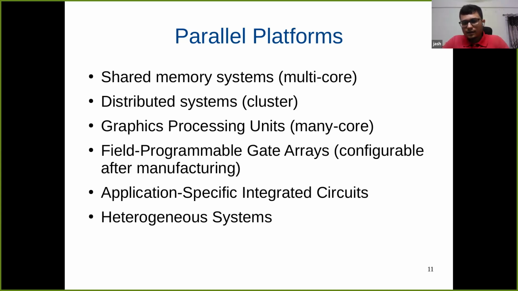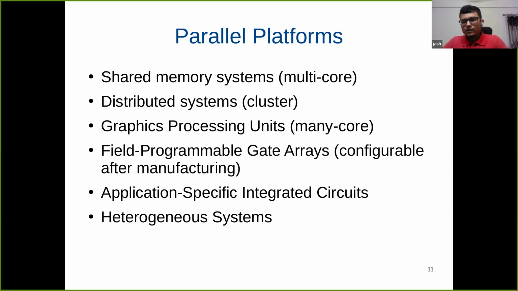But I think I'm lacking clarity here. If you have any questions, you can ask me now. Like if the application changes continuously, then we can use FPGAs, are you saying that? I think so. FPGAs are configurable after manufacturing.